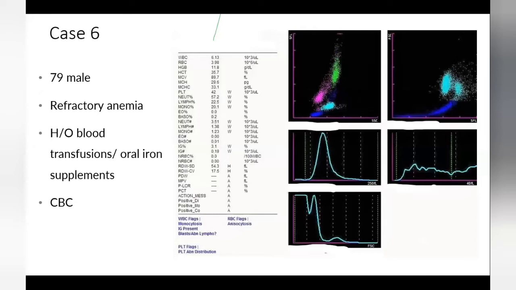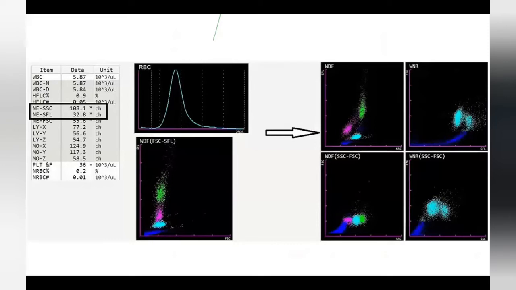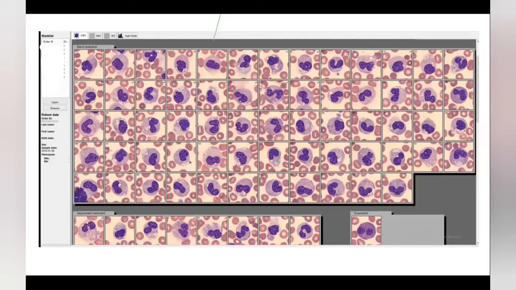There's a sort of haze between the lymphocytes and monocytes, perhaps indicating cells of varying sizes, probably abnormal shapes also. Are we really dealing with lymphocytes and monocytes here, or is something fishy going on? That is what we have to discern. And the new X and new Y, that is the side scatter and the side fluorescence, were low, like I told you. But I'll not go into that because I'll be compromising on time.